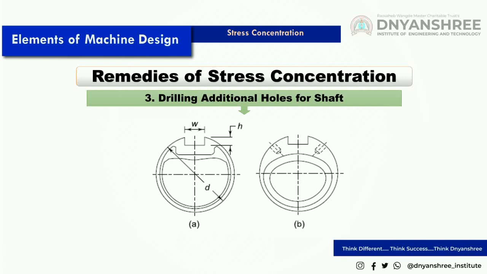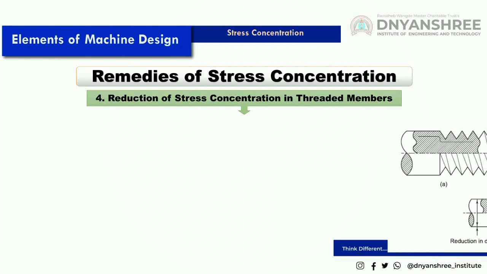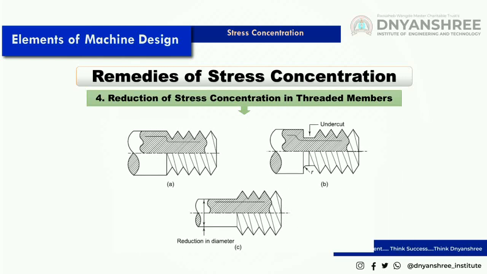Now the next remedy is the reduction of stress concentration in threaded members. In actual diagram A, you can see the stress lines. There is an abrupt change in cross section at the threads. Now in diagram B, you can see blank, then undercut, and then threads.